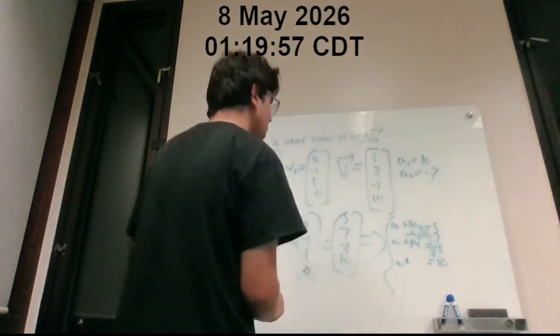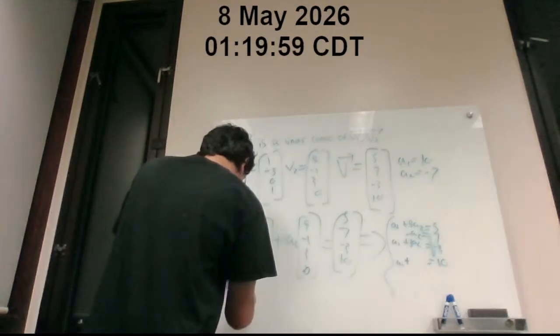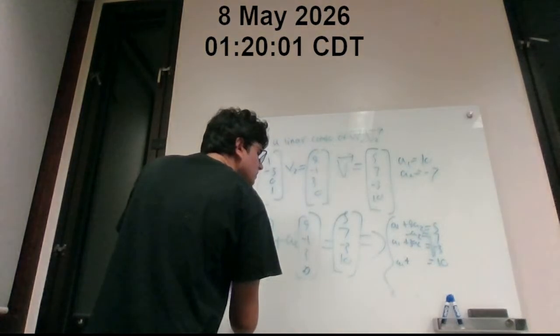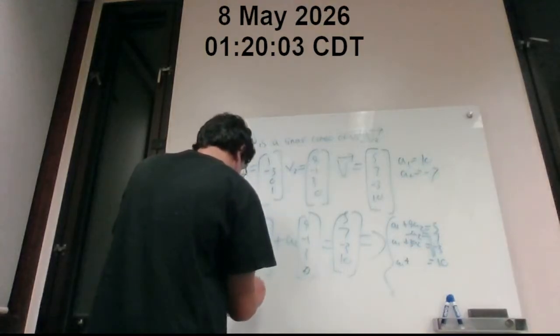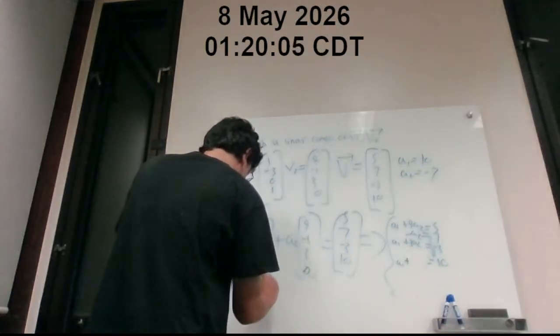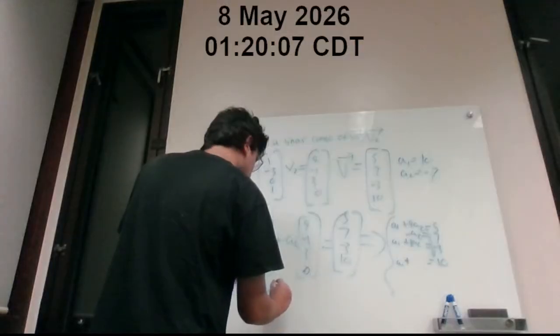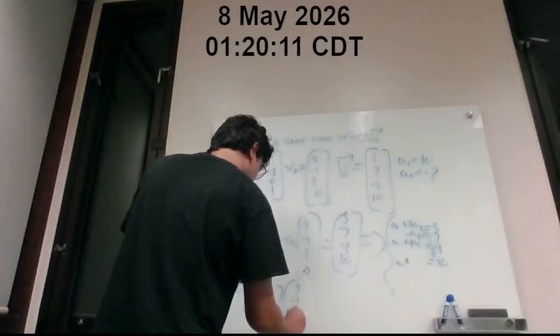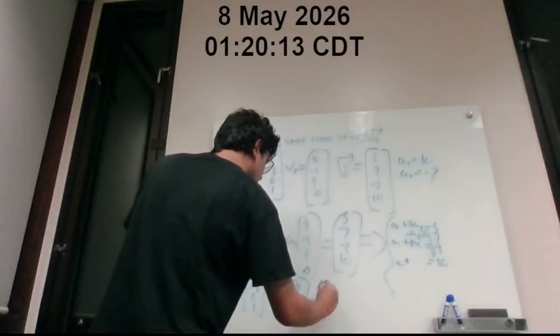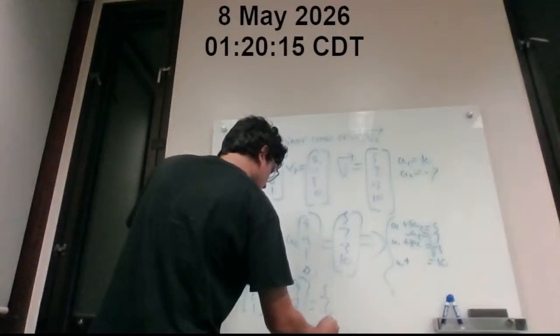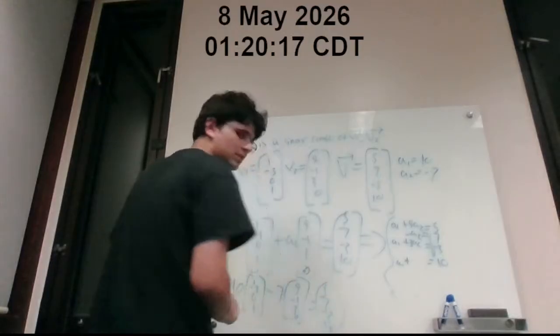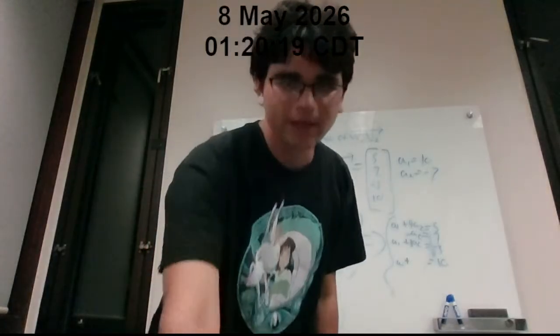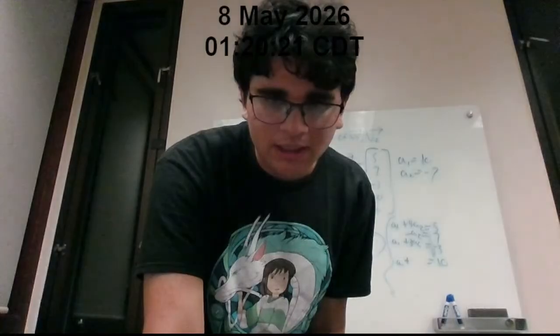And then eventually this would turn into 10, right? Yeah, 10, and then minus 7, 4, minus 1, 3, 0, and then it equals 5, 7, minus 3, 10. So yeah, it's pretty simple. My handwriting's bad. I'm sorry about that.